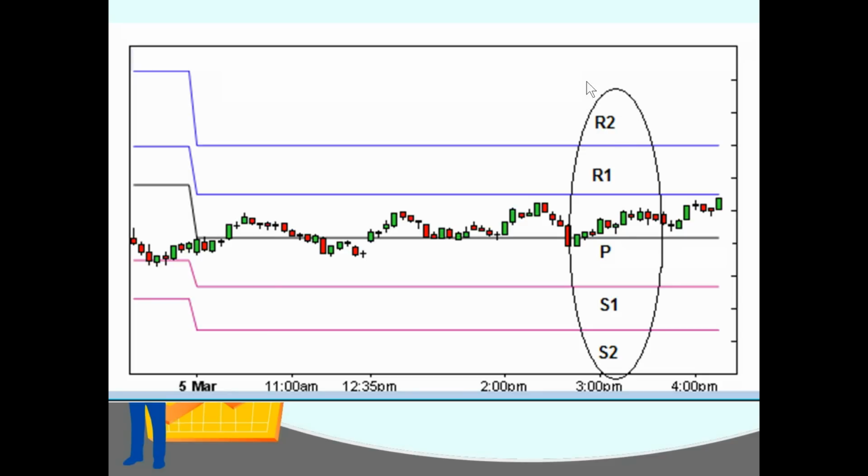Now some people put an R3 on their chart, and you can look up the formula for that, or use Google to find an online calculator. And if you want to make this more complex, you can put an R3 and an S3 down here on your chart, or you can keep it simple just using R1 and R2.